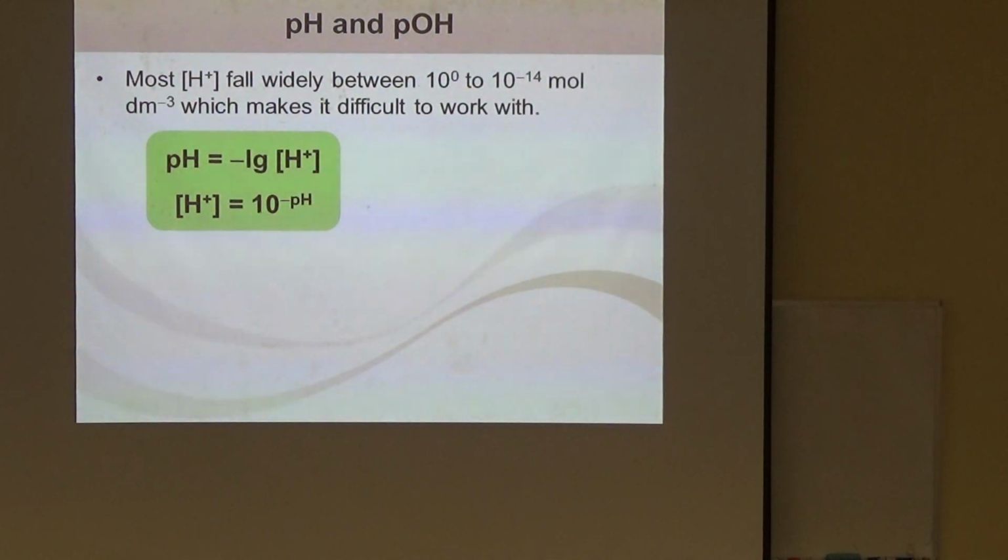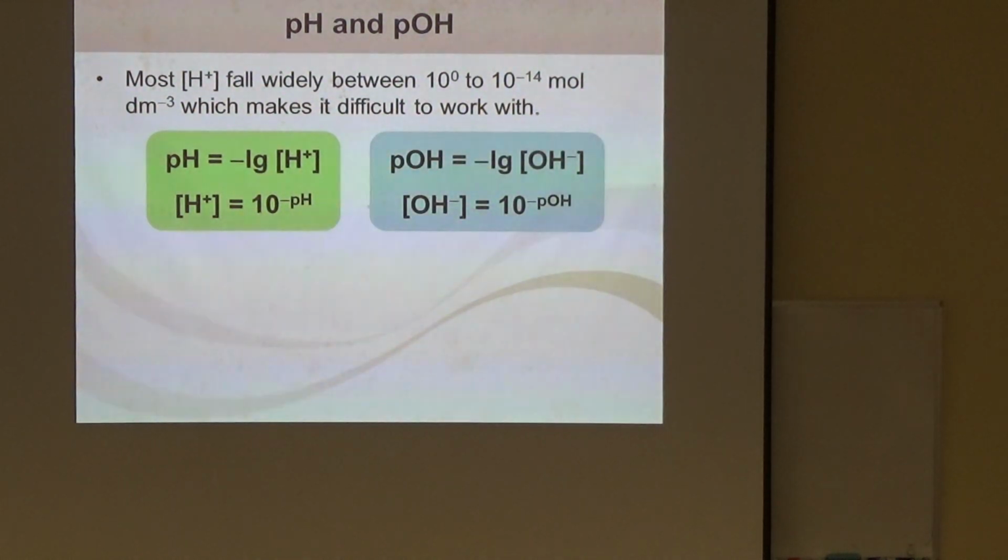I think that making this log scale for you guys at least is a mistake, judging from marking the paper. But nonetheless, you have to learn it. So pOH is the negative log of OH minus. The concentration of OH minus is 10 to the power of minus pOH.